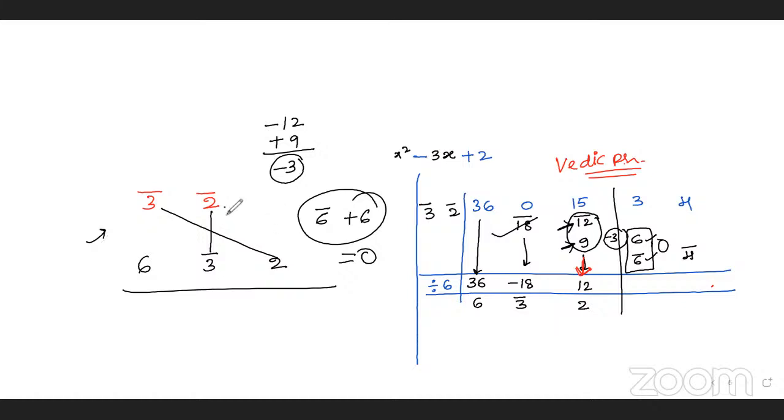The final step, see this one. Directly I am getting minus 4. So everything came out of conventional mathematics only. We have changed small things and made it easy. Is it clear? Yes, thank you.